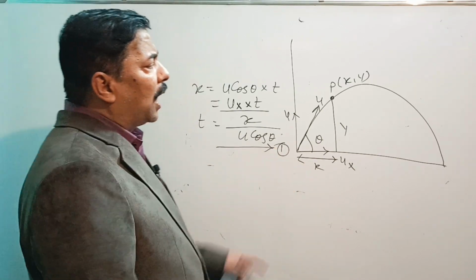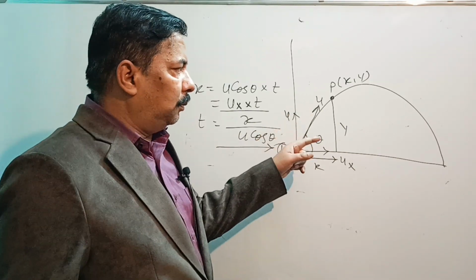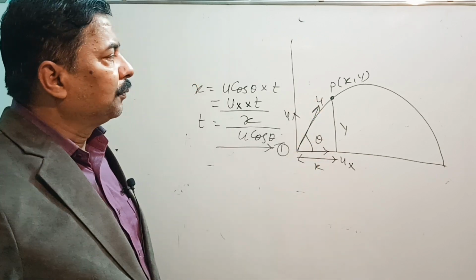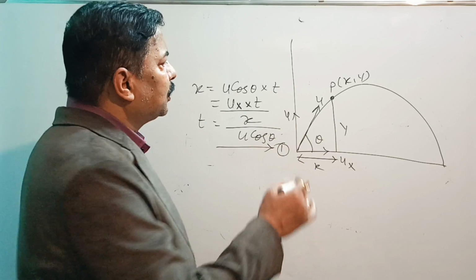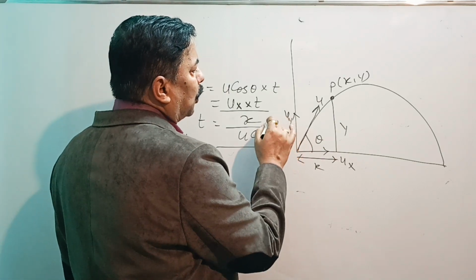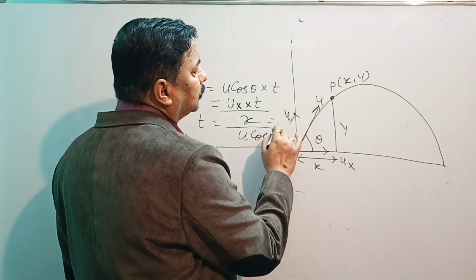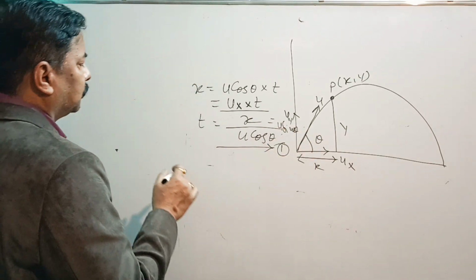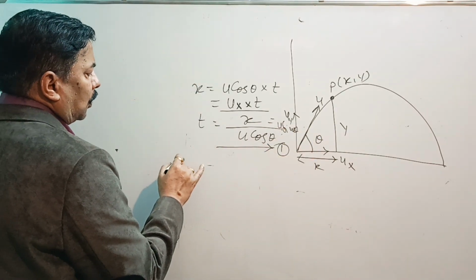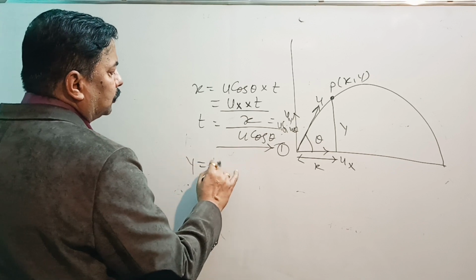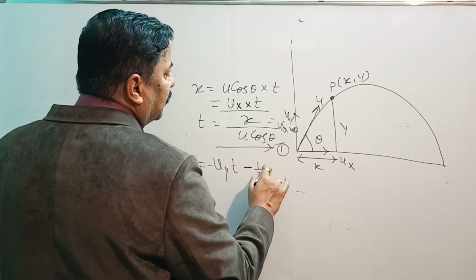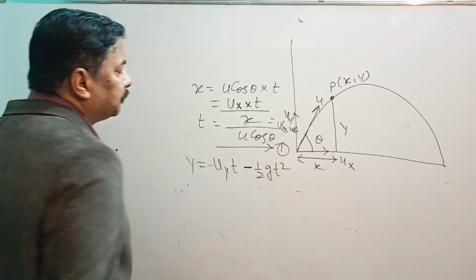If we talk about the vertical distance y, this uy is going to play the role. So y is equal to uy t minus half g t square.